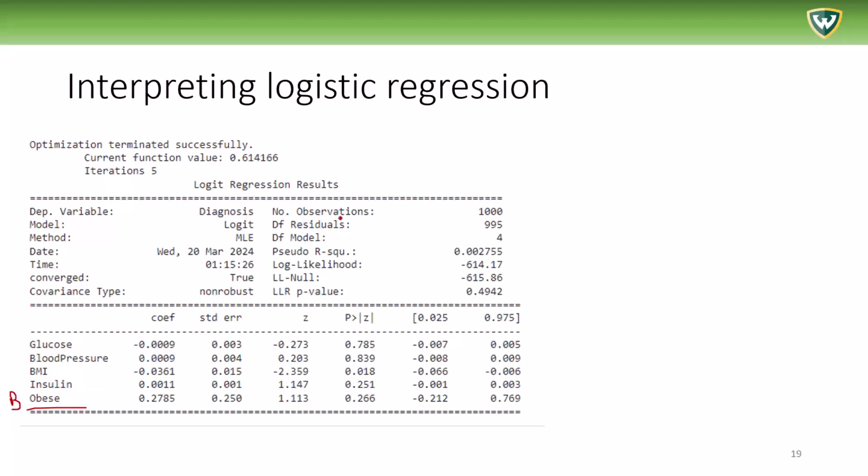So we have a number of information here, a number of observations on the data, so it's 1000. The pseudo R-squared, so the R-squared is another measure for logistic regression. It is not one of those that we discussed in confusion matrix used for classification like accuracy.